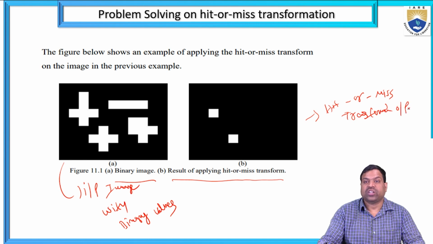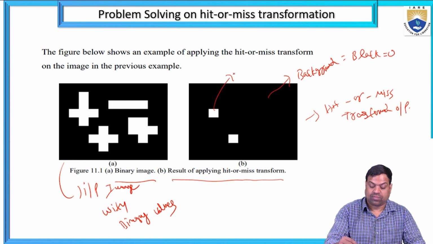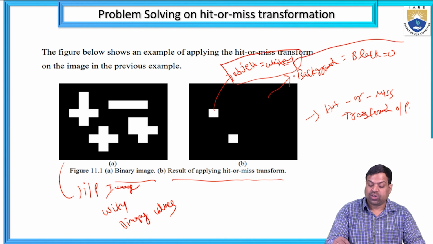So the hit or miss transformed output. What happened here? Background. So the object equals 1 and the background equals 0.